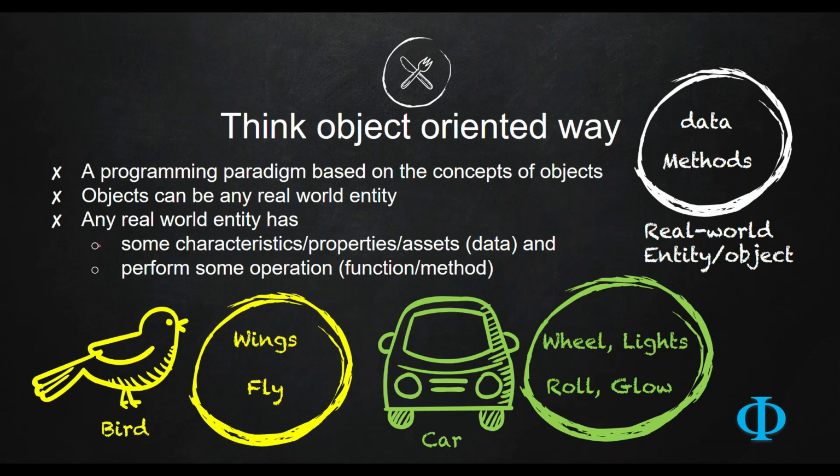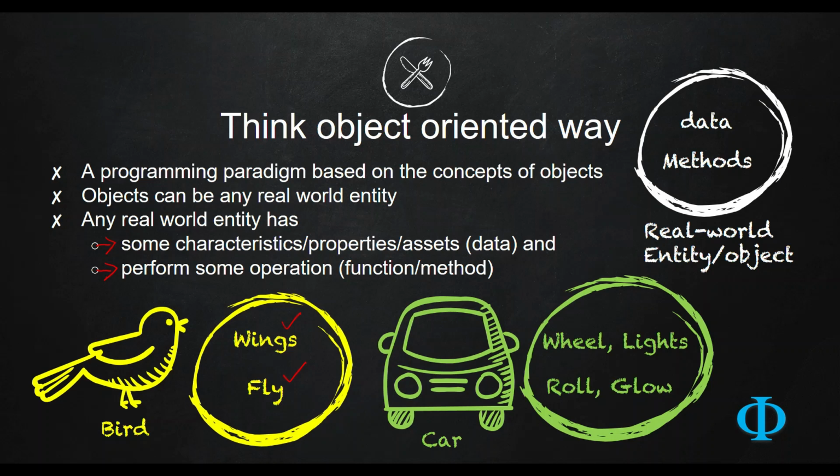The real-world object has some characteristics, for example, some properties or some assets, and the real-world entities or the objects can perform some operations. For example, a bird has wings. That's the bird's assets, or that's the bird's properties. And also the bird can fly. That's the operations of a bird, or a function that a bird can perform.